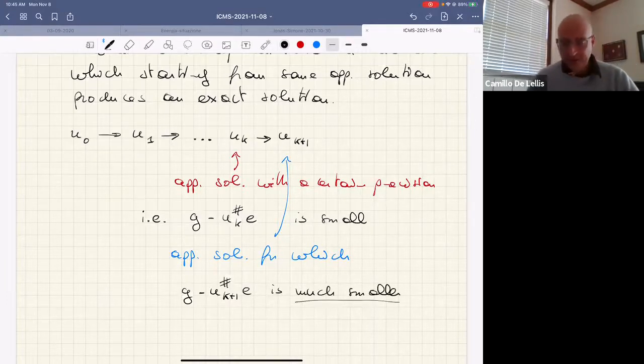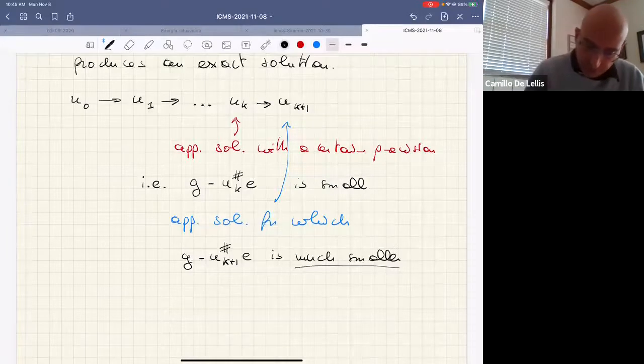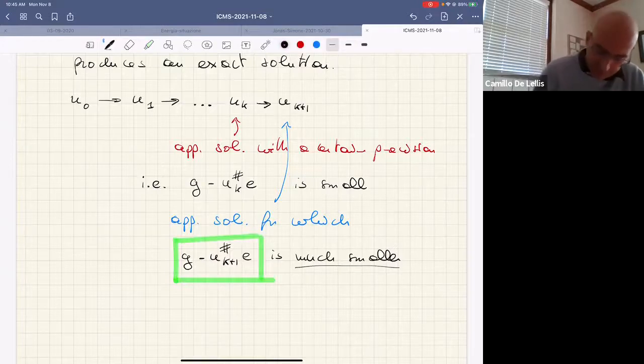The idea is that along the process, I'm going to show you that this is possible inductively. So UK plus 1 will just depend on UK, and it's not going to care about what happened in the previous steps of the iteration. This quantity over here is what is called the metric error.